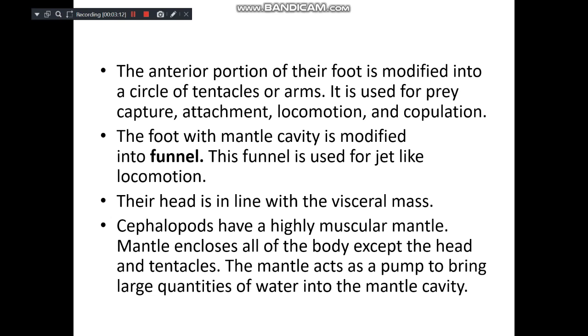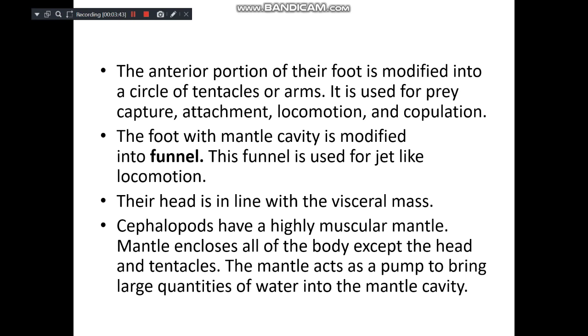In the sense, with the help of the funnel, the water is forced out like a jet, and by forcing the water jet in the opposite direction, the animal can move. The head is in line with the visceral mass. They are in the same axis.